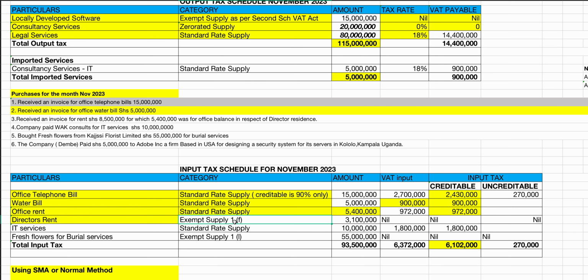that is an exempt supply as per section 1F of the second schedule. If you read it, you'll understand it. But it's more or less saying that your landlord is charging you VAT for your accommodation where you stay.